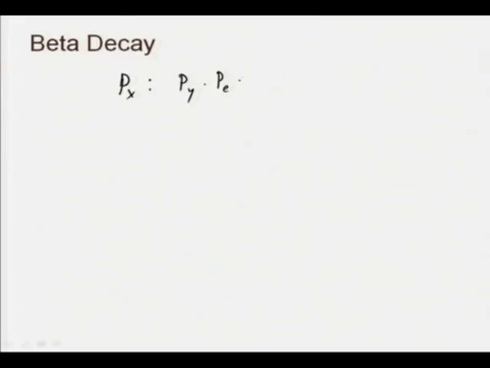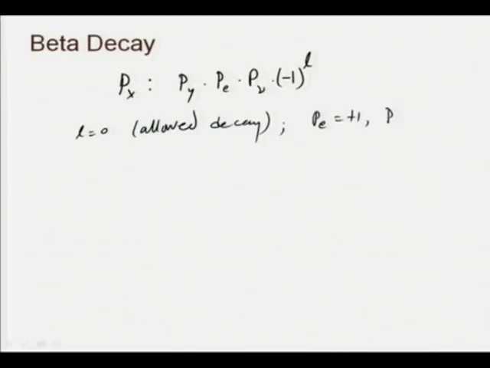Then you have the electron and you have the neutrino, and you have the parity due to the orbital angular momentum, let us say L, which is equal to minus 1 power L. And if we are considering L equal to 0 allowed case, then, and we also know that P e is equal to plus 1, P nu is equal to plus 1, and therefore, that will give you P x is equal to P y.